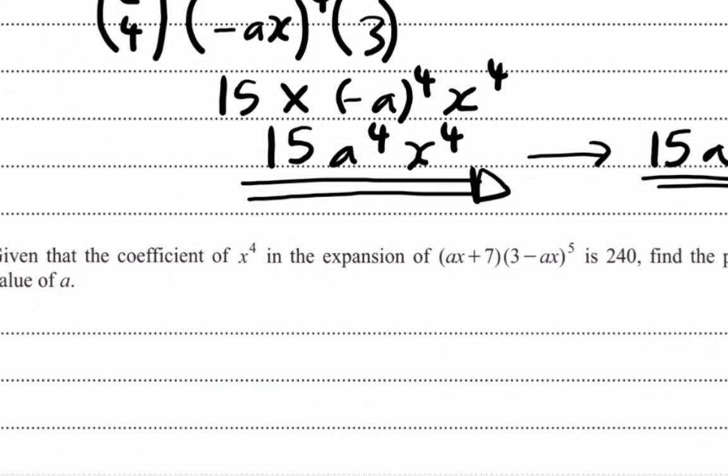And for part B, it says given that the coefficient of x to the power 4 in the expansion of that is 240, find the positive value of a.